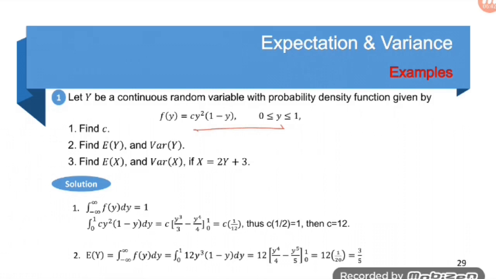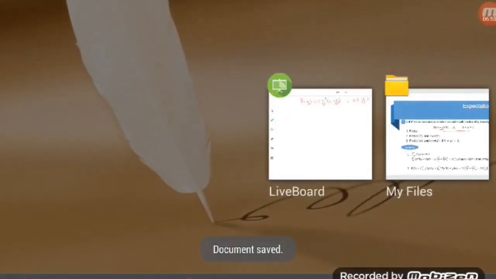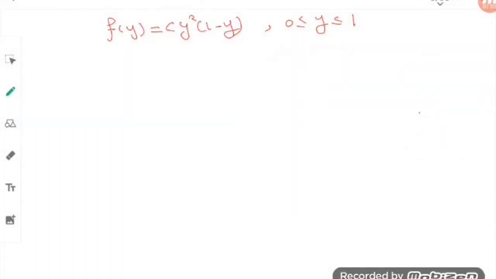First, we need to find the c. C is the constant that makes this PDF a valid PDF. So if you remember, we discussed answering a question like this in the last lecture. So we'll move to applying the condition of the PDF to find the value of c.